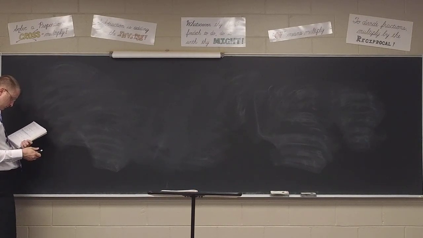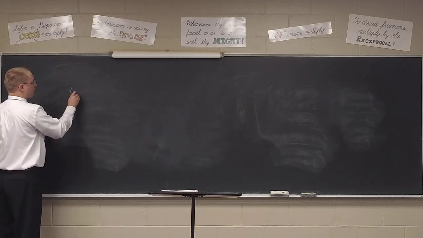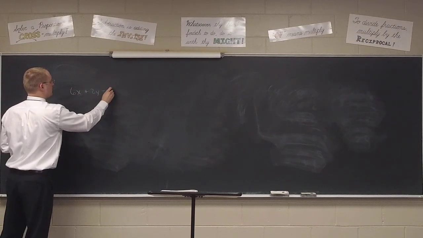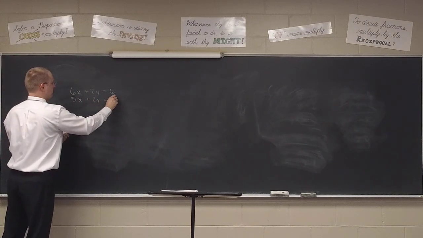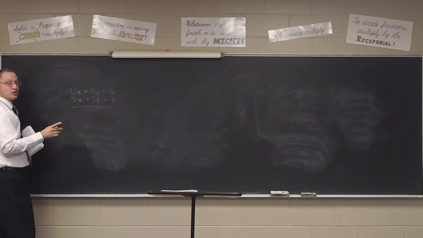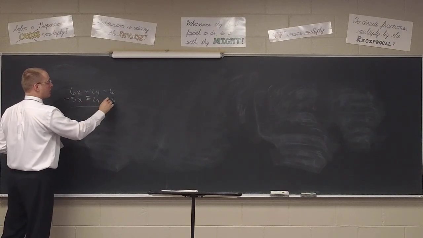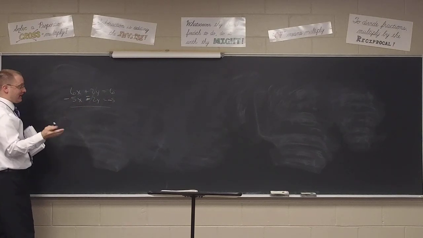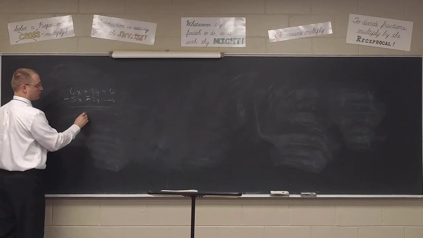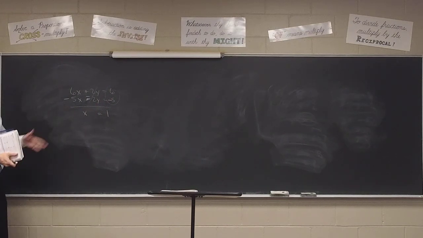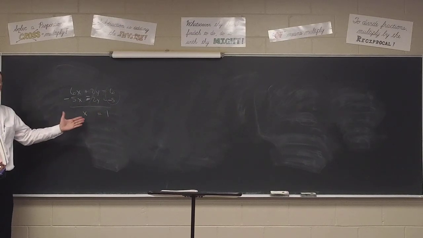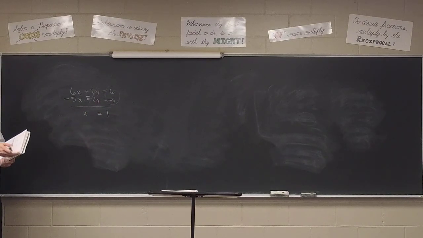Negative 2y equals negative 6. All right, I would have just gone 6x plus 2y equals 6 initially, and then 5x plus 2y equals 5 initially, and I would have actually changed the signs across the bottom just to avoid negatives. So that way 6x minus 5x is just x. 6 minus 5 is just 1. Now, you would have got negative x equals negative 1, which means x equaled 1 anyway, right? Did you get x equals 1?